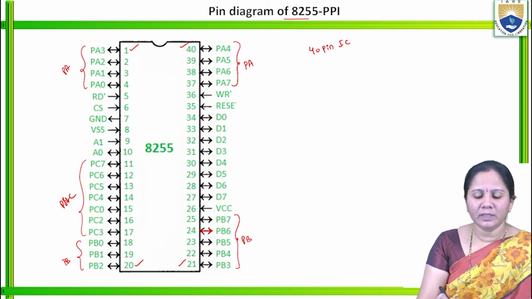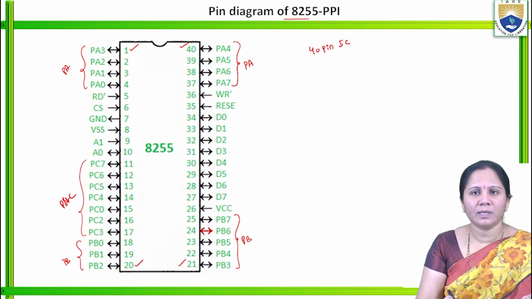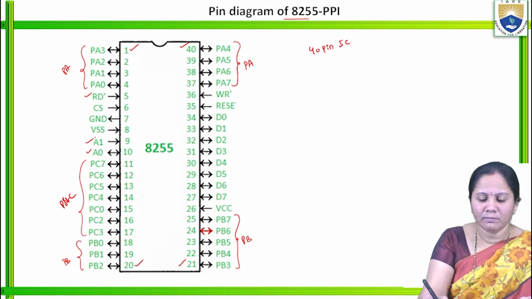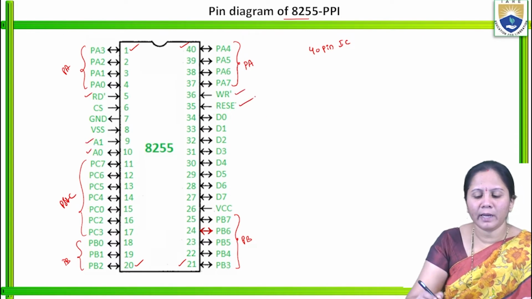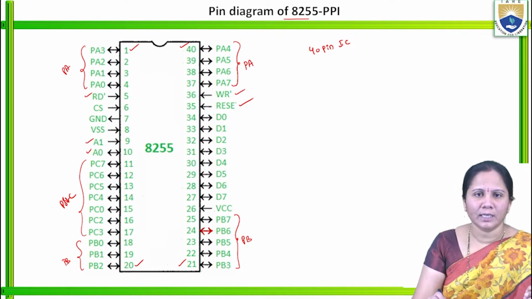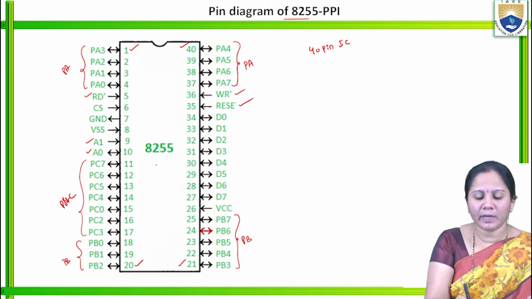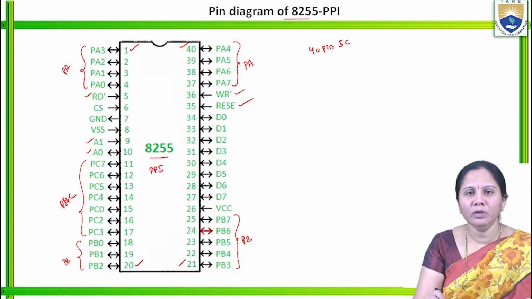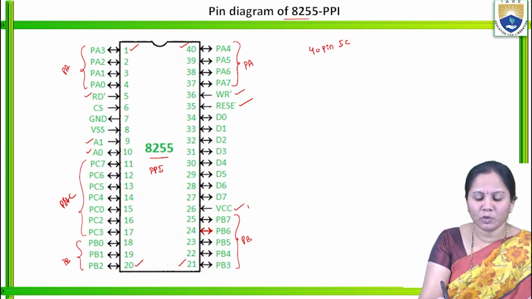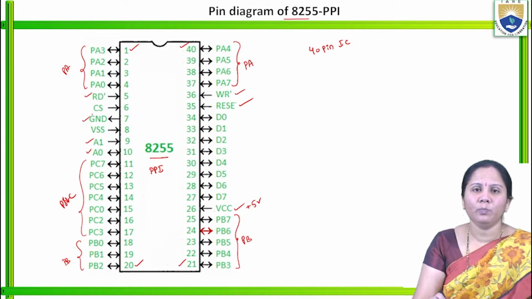Along with this, we also have some control signals like read, A0, A1, and also write and reset signals. All these are the control signals. As usual, for any pin diagram, we will have one VCC and one ground signal. This is the VCC which supports plus 5 volts DC supply, and this is the ground pin.